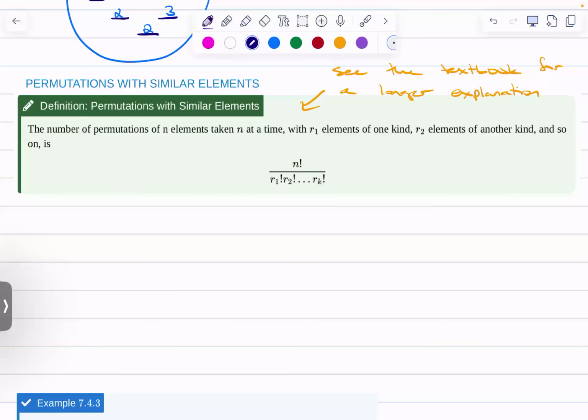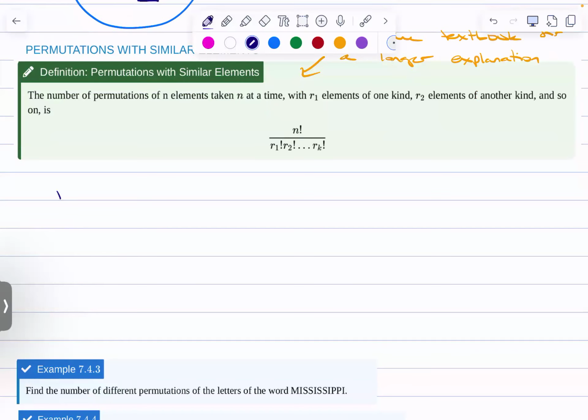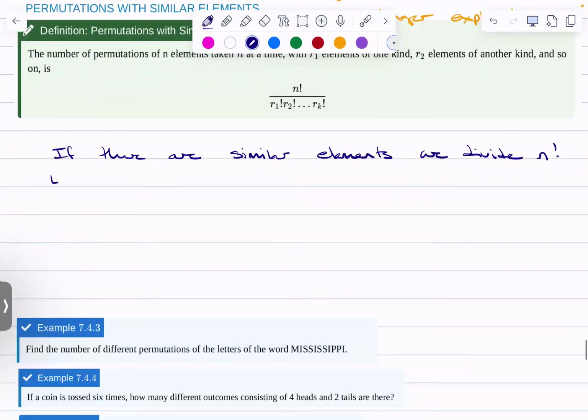What this means is that if there are similar elements, we divide n factorial by the number of similar elements factorial.